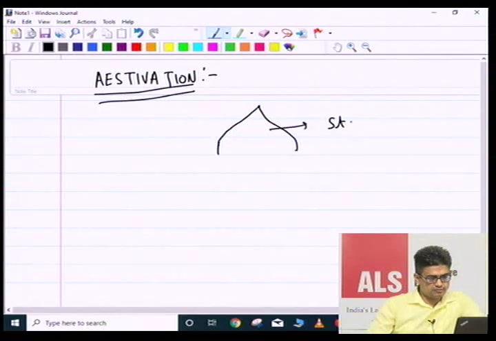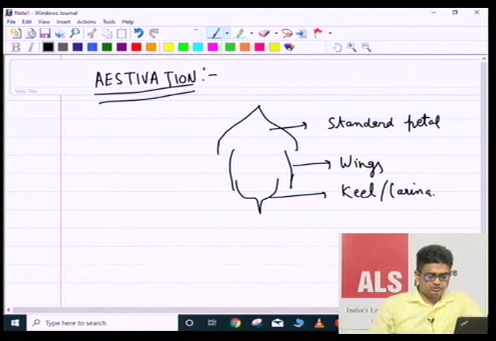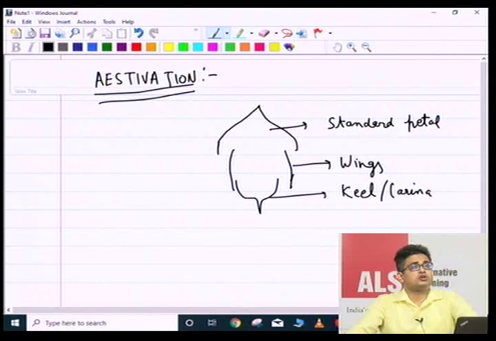This is the standard petal. Then we had the two wings, and the last one was the keel, or carina. Please remember, in estivation, vexillary estivation is the most important thing.